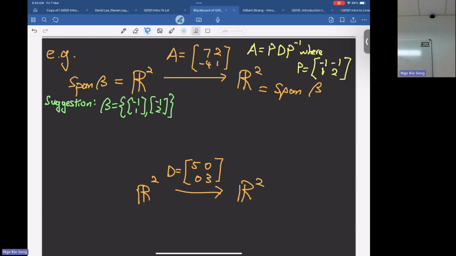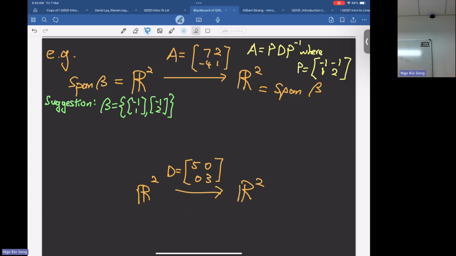Not scalar multiples of each other, sure. But in fact, for a general P, it should form a basis of R^n depending on the size of P. Why? Pivot in every column.